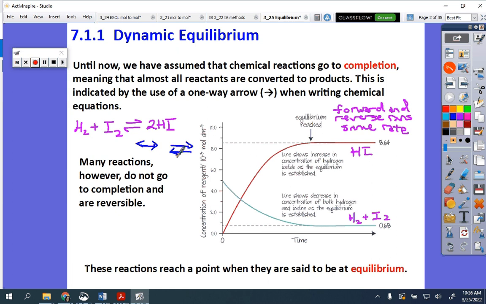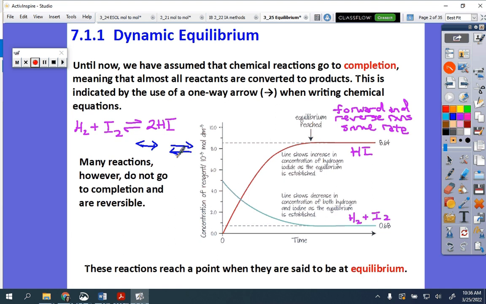And for reversible reactions, the reactants and the products are both going to plateau, but the reactants are not going to get to zero because there's always going to be a little bit of the reverse reaction going on, even if the forward reaction is super strong, okay?